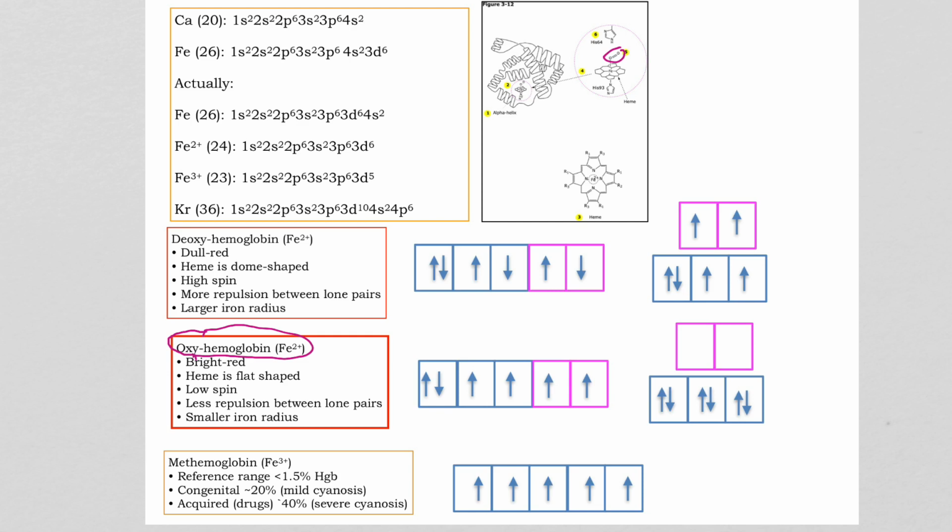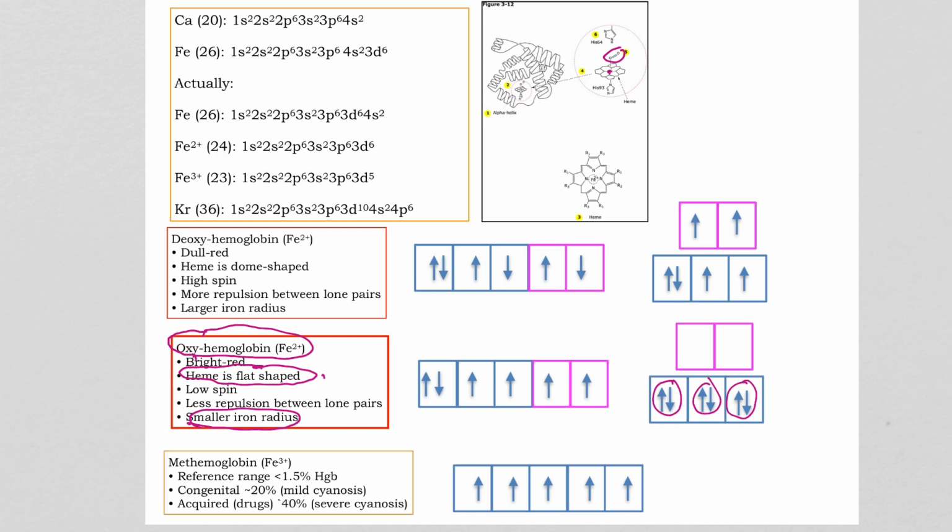And now what happens is the way the electrons are arranged in the iron atom changes. So you can see there are changes. Here, now these 3 pairs, there are no more lone pairs. So there's less repulsion. The iron atom radius changes, it becomes smaller. And since the iron is attached to the heme, the heme now becomes flat.